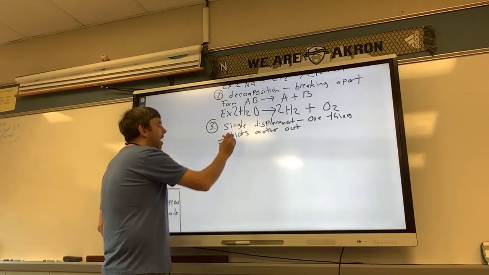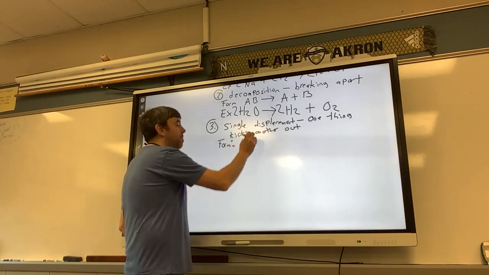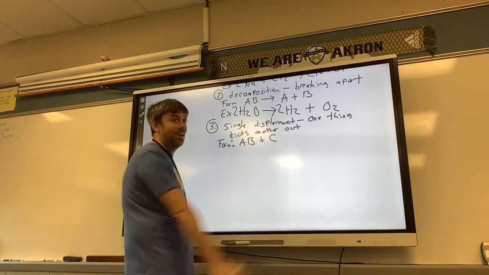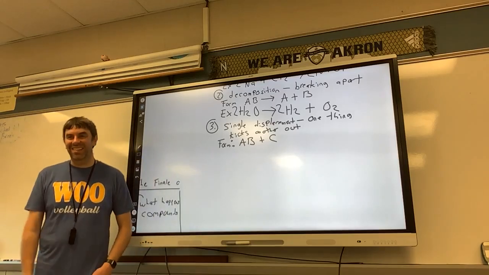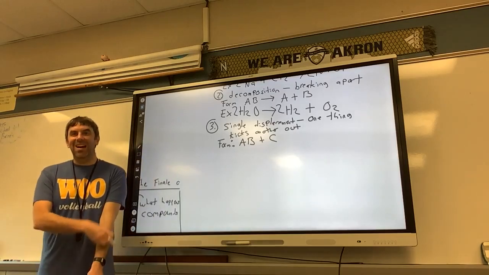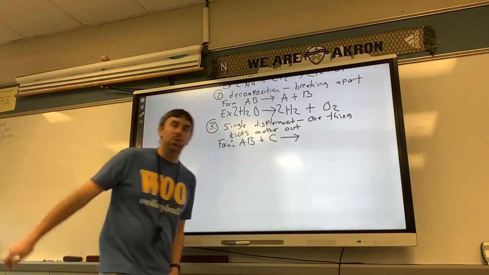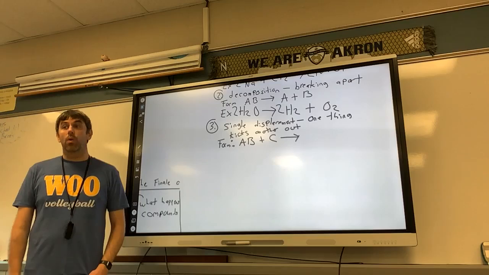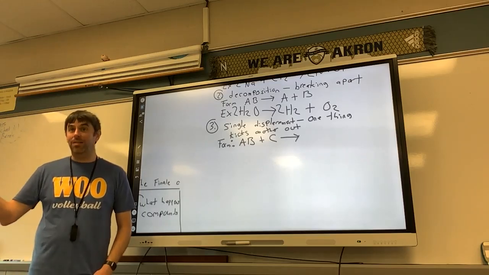Well, I was using people as an example because here's the form. The form is Andrew and Betsy plus Chad. What is that going to give us? What's by himself on the other side? Andrew's by himself, right?